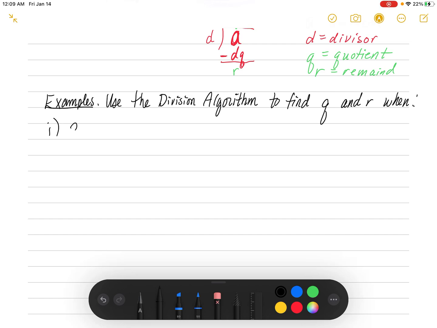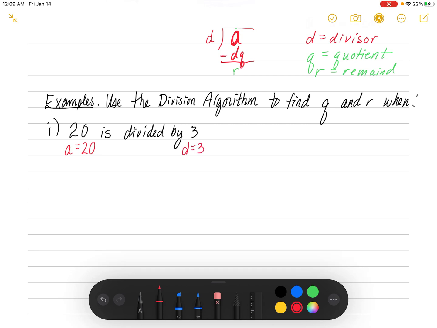So we're going to take 20 and divide 3 into it. So 20 is divided by 3. Again, the a here is 20. That's called the dividend, and d is the divisor, 3.